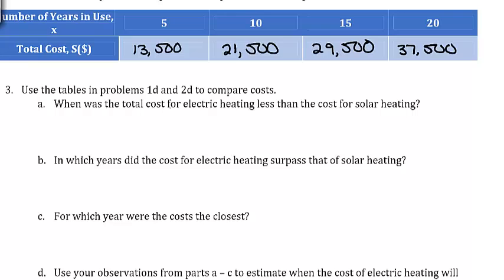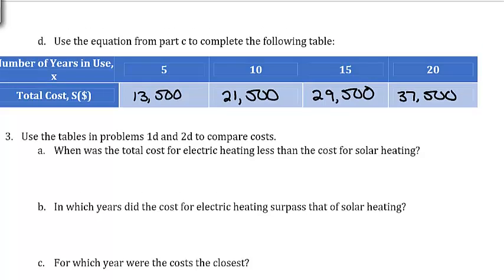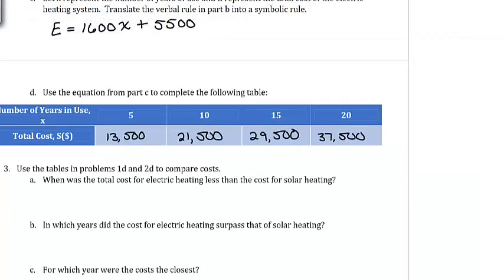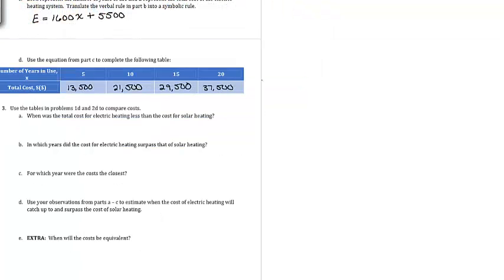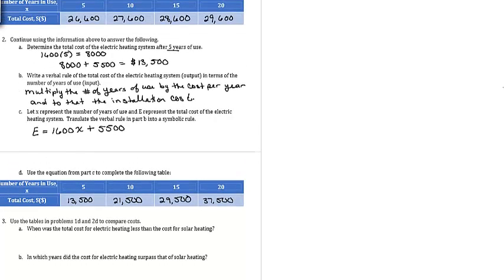When was the total cost for the electric heating less than the cost for the solar heating? Okay. So we need to compare these tables. So I'm going to have to scroll back and forth to look at both tables. In fact, I'll make this smaller so that I can see more on my screen. So we won't have to do quite as much scrolling here.